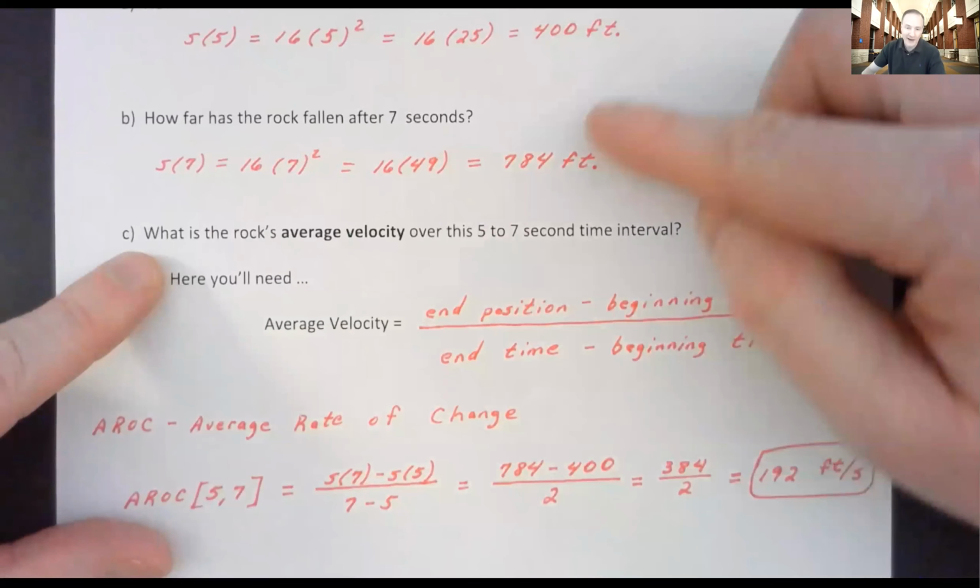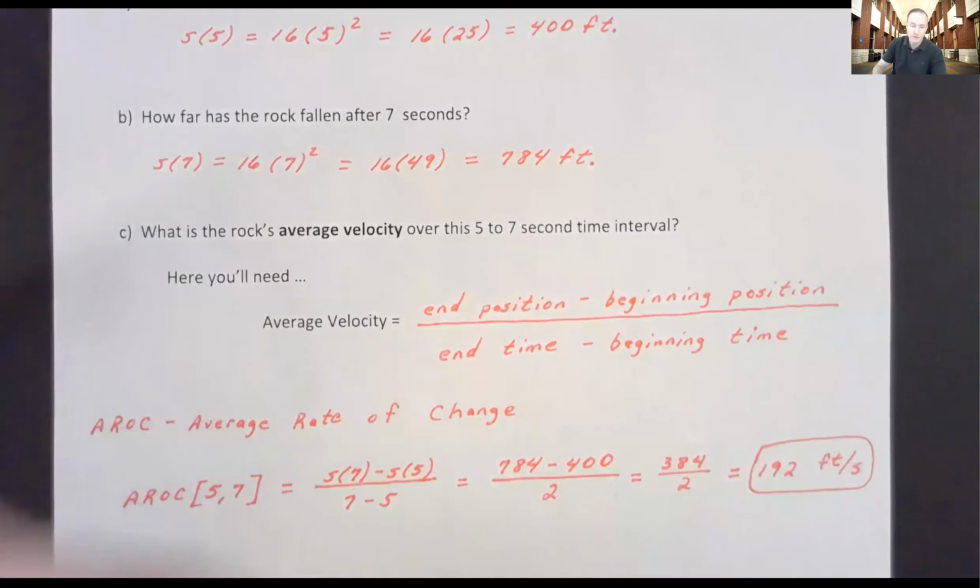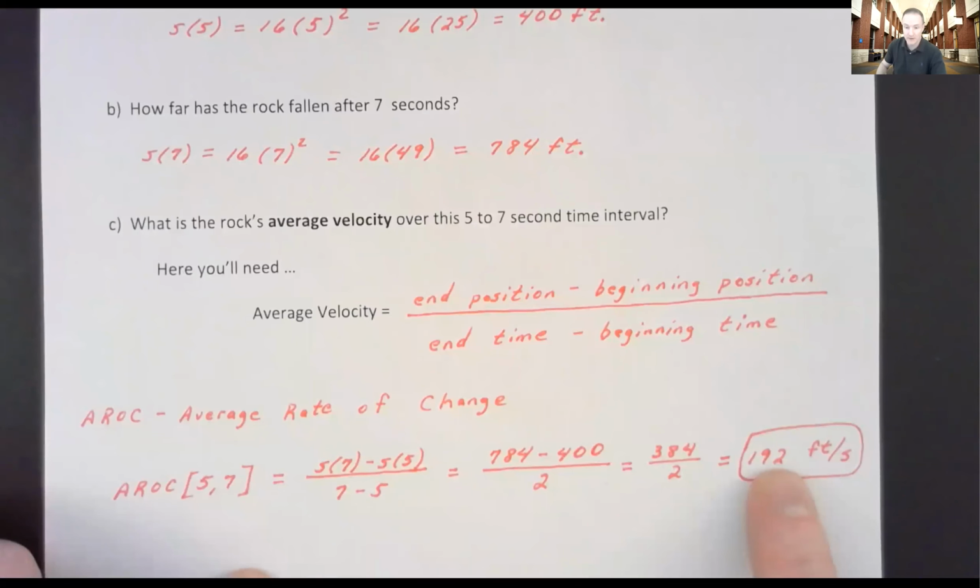We know that gravity is going to continually speed this rock up all the way on its path downward. So if I ask you to just say higher or lower, what is the instantaneous velocity at 7 seconds? Hopefully you're thinking, well, it's going to be higher than that because it will have more time to speed up.